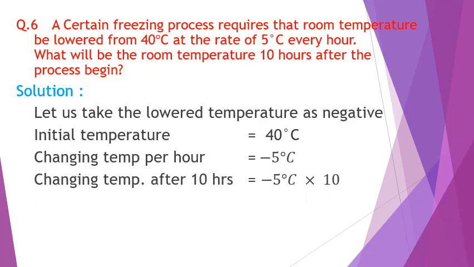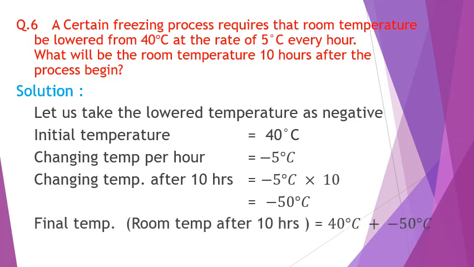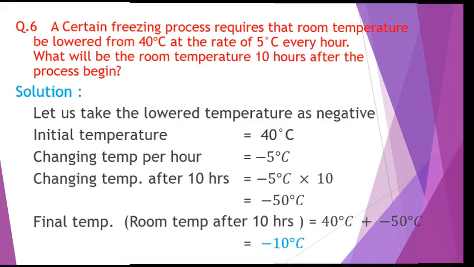So changing temperature after 10 hours equal to minus 5 degrees Celsius into 10 equal to minus 50 degrees Celsius. So the temperature 10 hours after the process begins will be 40 degrees Celsius plus minus 50 degrees Celsius equal to minus 10 degrees.